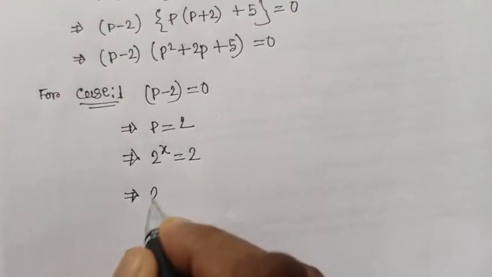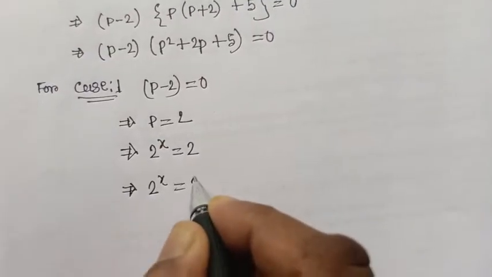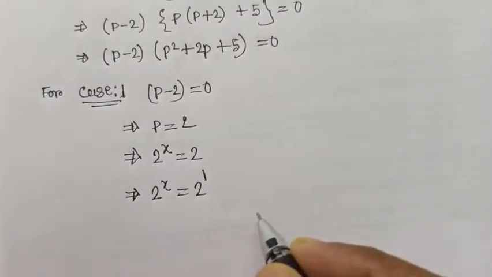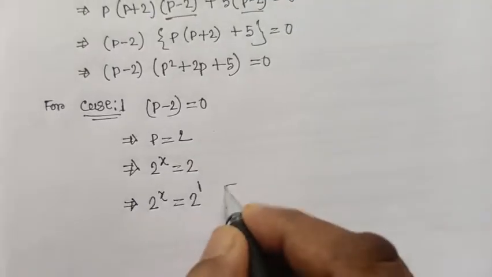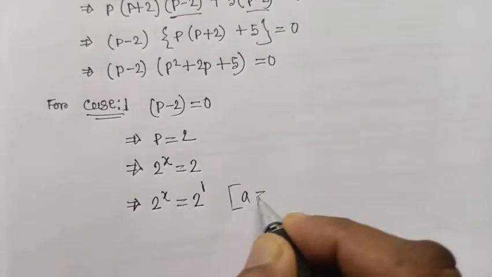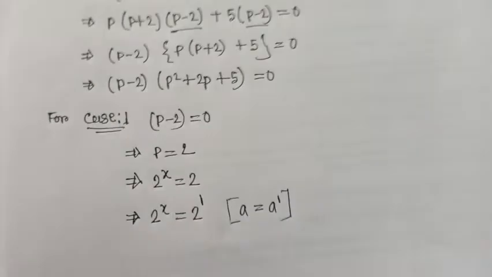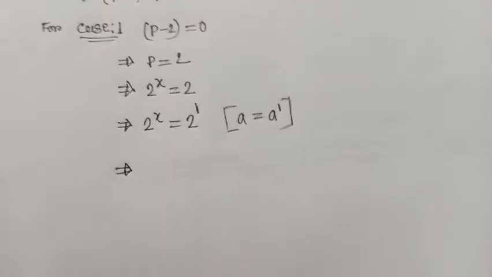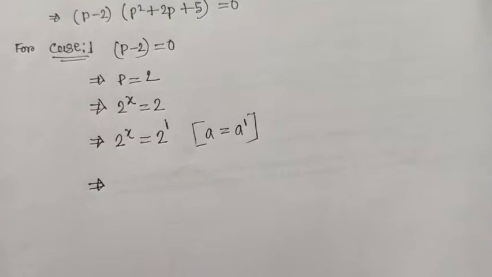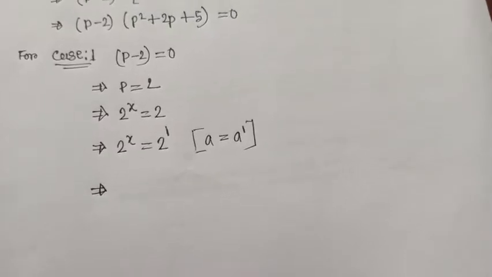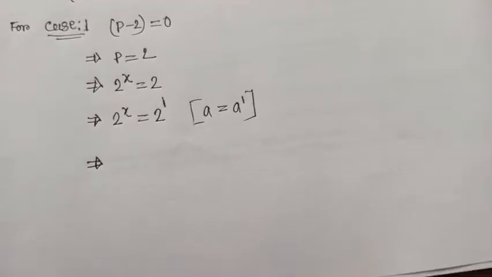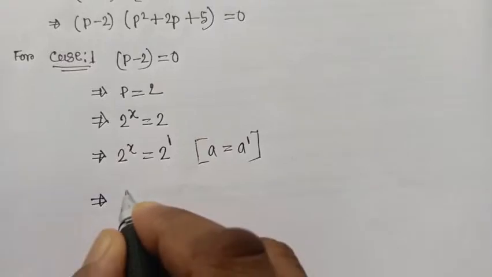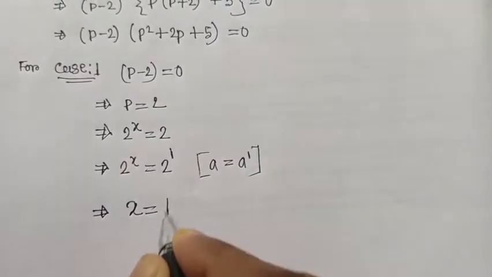Now we can write 2 as 2 to the power 1, as a is equal to a to the power 1. So from this we are seeing that the base of both sides is the same and the base is 2. So we can write x equals 1.